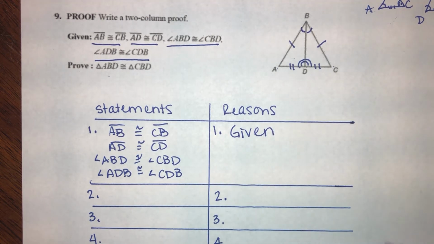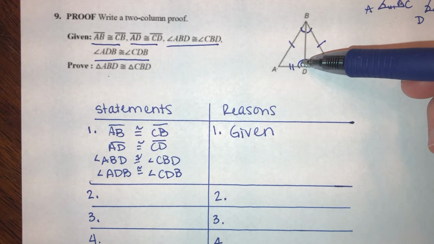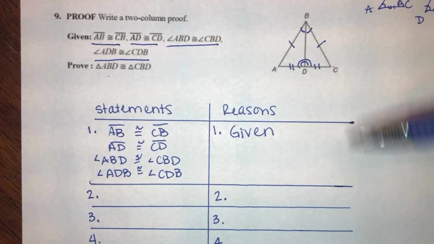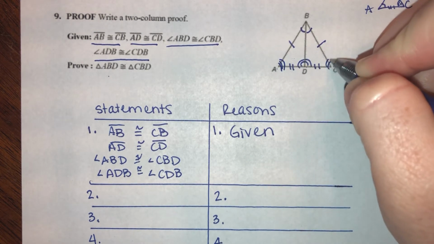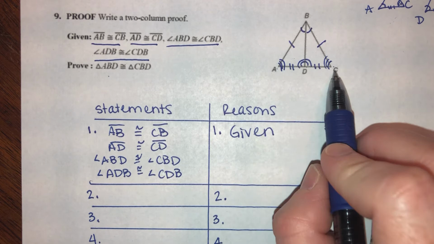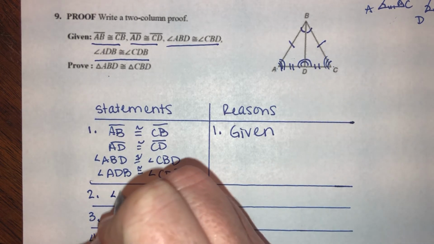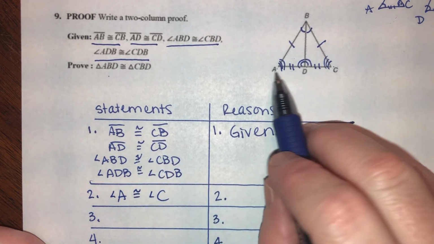So I already know that much. What else can I say for a fact? Well, we just talked about in this lesson the third angle theorem, right? If I know 2 angles of a triangle are congruent to 2 in another triangle, I know that third angle automatically has to be congruent. 1, 2, 3, 1, 2, 3. So I can say angle A is congruent to angle C. How can I say that they're congruent?